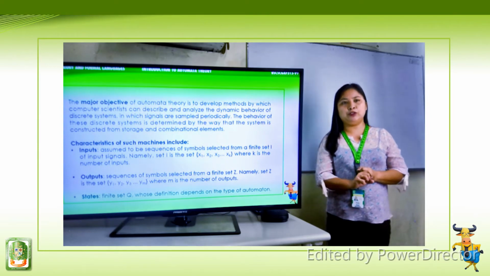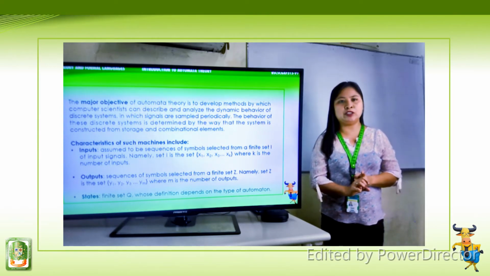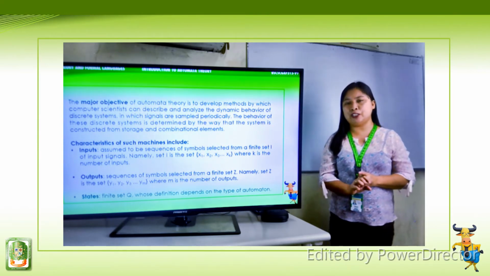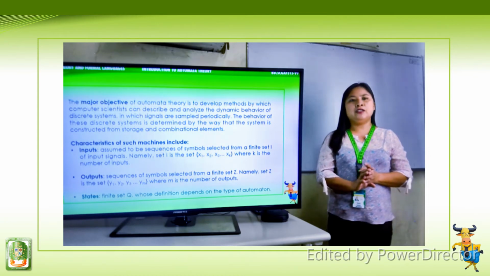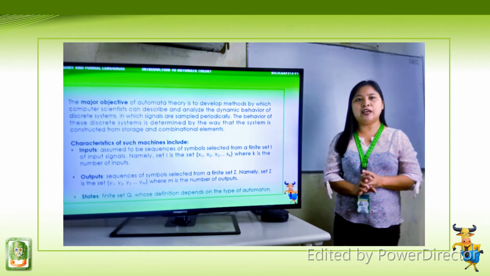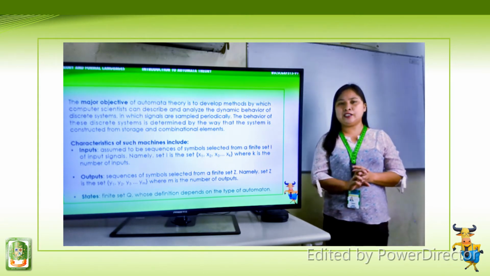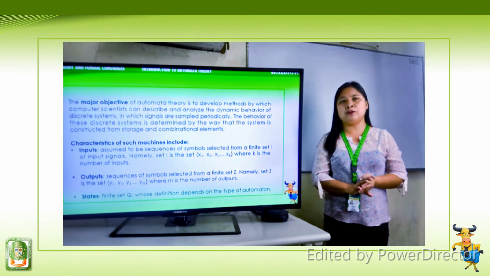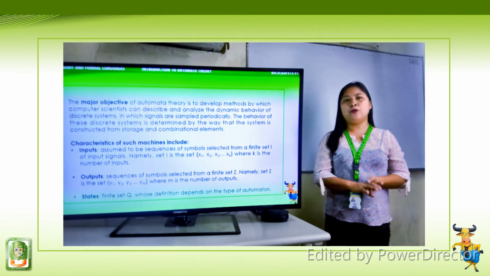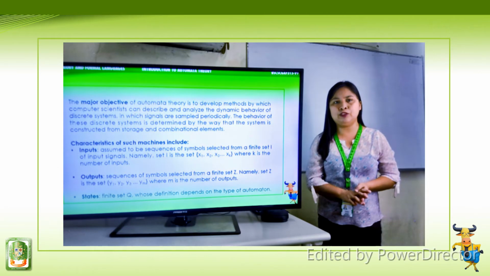So for the inputs, assumed to be sequences of symbols selected from a finite set I of input signals, namely set I is the set x sub 1, x sub 2, x sub 3, and so on and so forth up to x sub k, where k is the number of inputs.